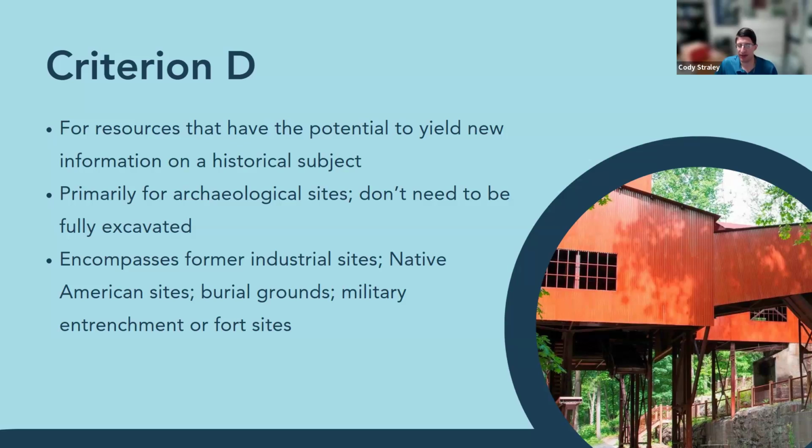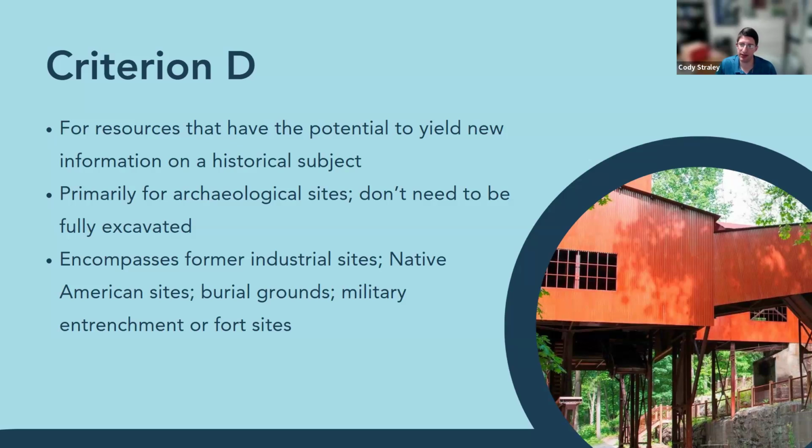And that's been interpreted mainly to mean archaeological sites. If you have a place where you can do a study or a dig there, find artifacts and remnants that can help inform you about the thing it's associated with, that would go under criterion D. And it can be listed whether or not it's been excavated yet.